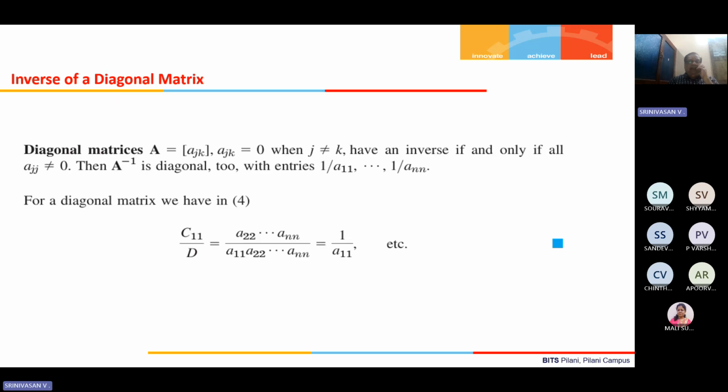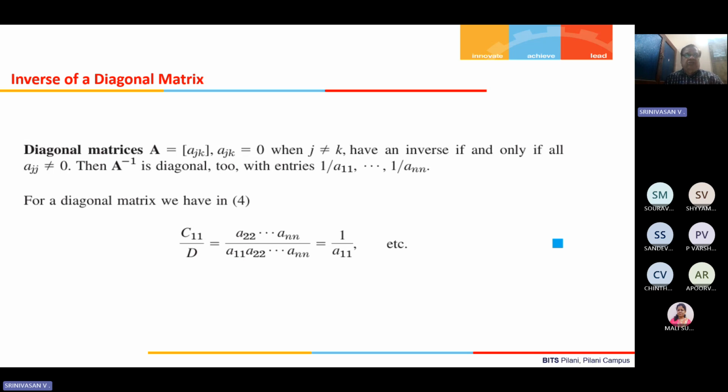So finally, diagonal matrix. What is a diagonal matrix? Only the principal diagonal elements will exist, and all remaining elements should be 0. So a diagonal matrix is a matrix whose diagonal elements do exist, though not all of them are zeros.